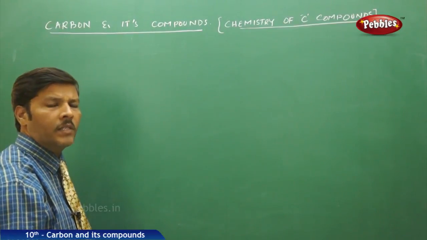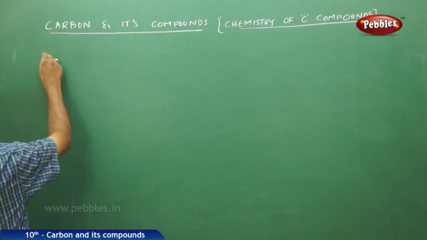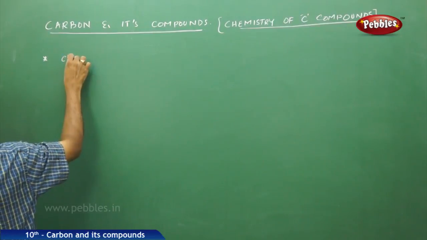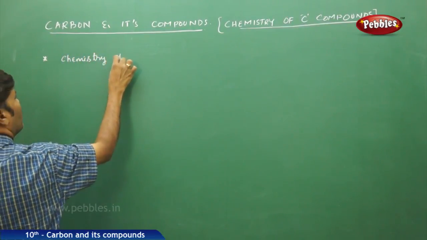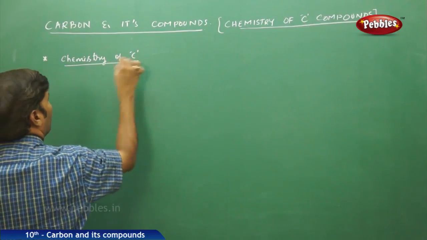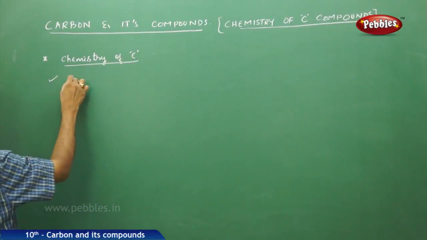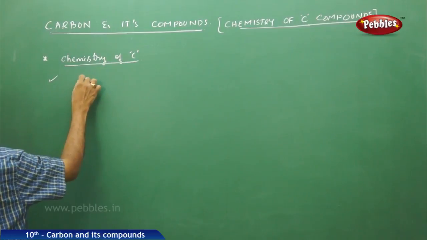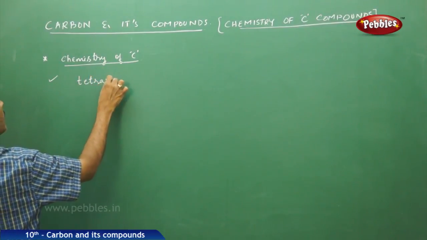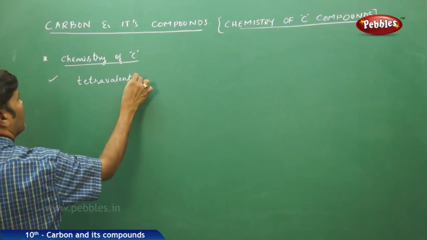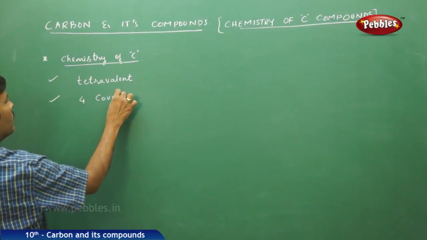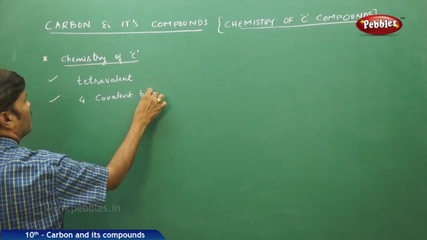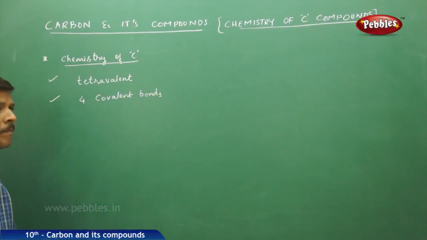So carbon as an element, I mean to say, the chemistry of carbon. If we take carbon, it is always tetravalent. It is made up of 4 covalent bonds.